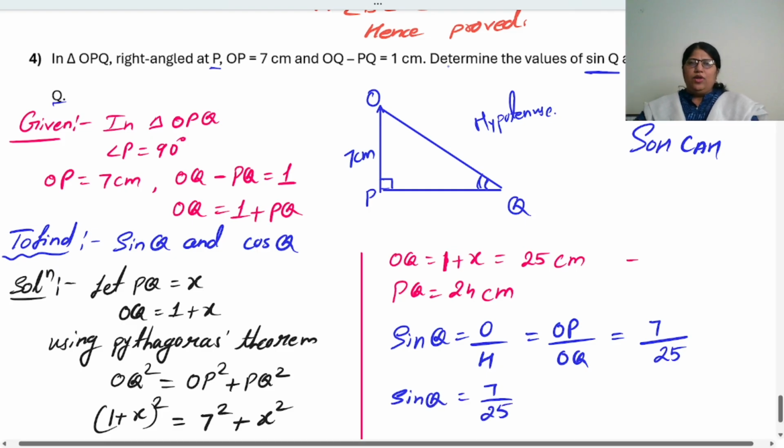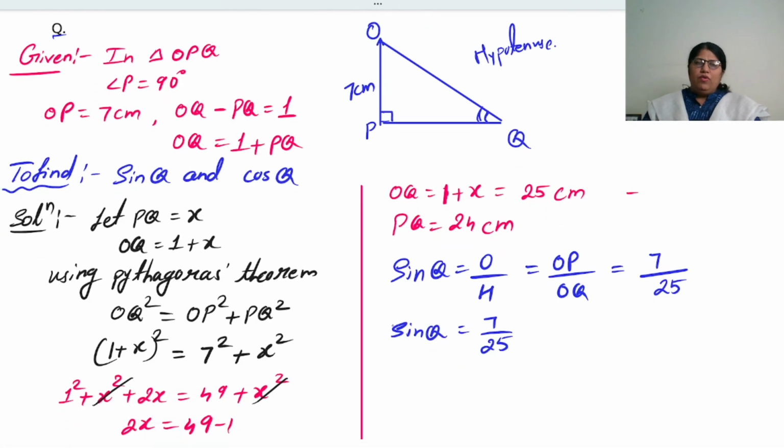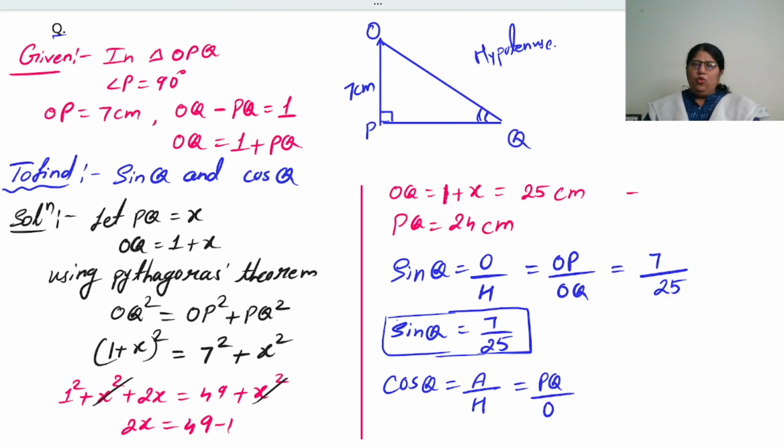Now the next value we need to find is cos Q. Cos Q is adjacent by hypotenuse, and with respect to angle Q, the adjacent is PQ. This is the hypotenuse. So cos Q is PQ by OQ. PQ length is 24 centimeter and OQ is 25.